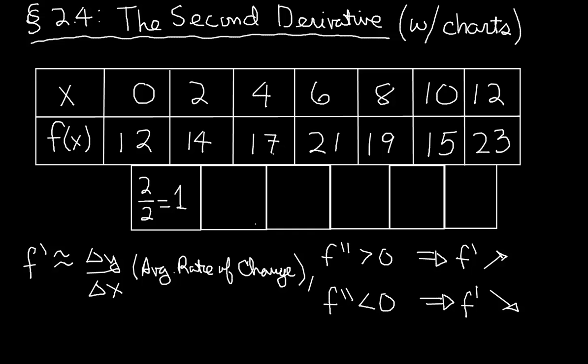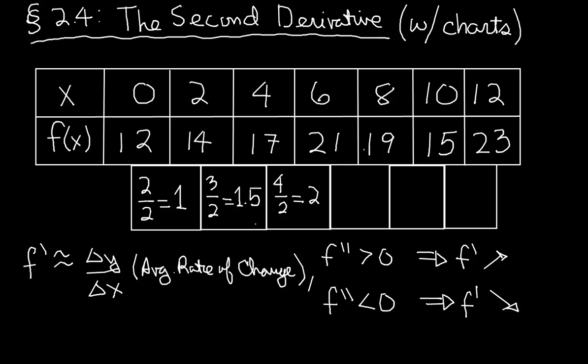But difference in y's is 17 minus 14, which is 3. And that's just 1.5. Go to the next interval. 21 minus 17 is 4. Difference in x's is again 2. So we get 2 here.